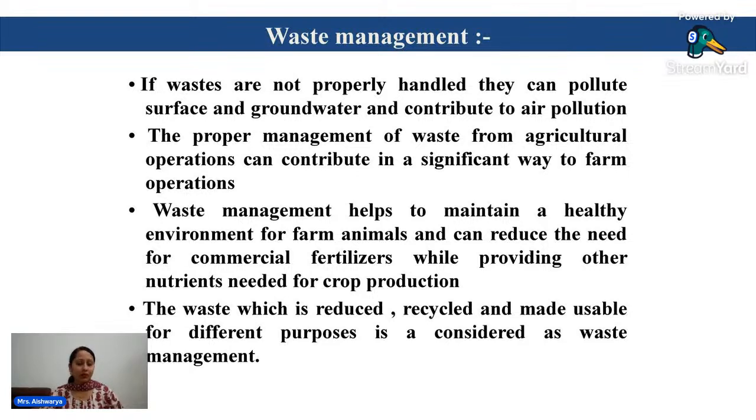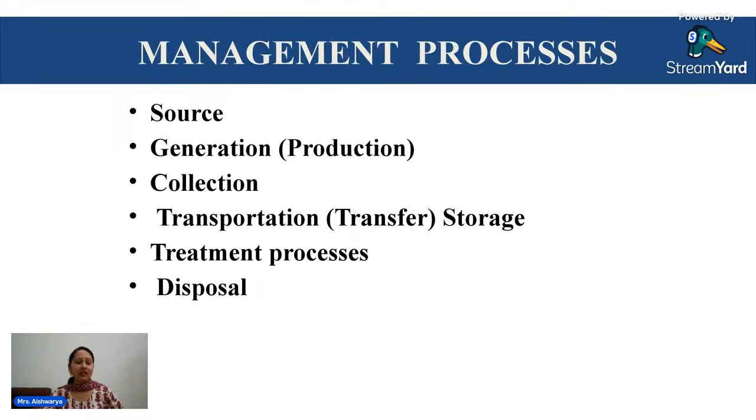Then the management process. There are some steps in the management process. First is the sources. Second is the generation and production from which the agricultural waste is produced. The third is the collection and proper disposal of the agricultural waste. The next one is transportation or transfer of that agricultural waste storage.